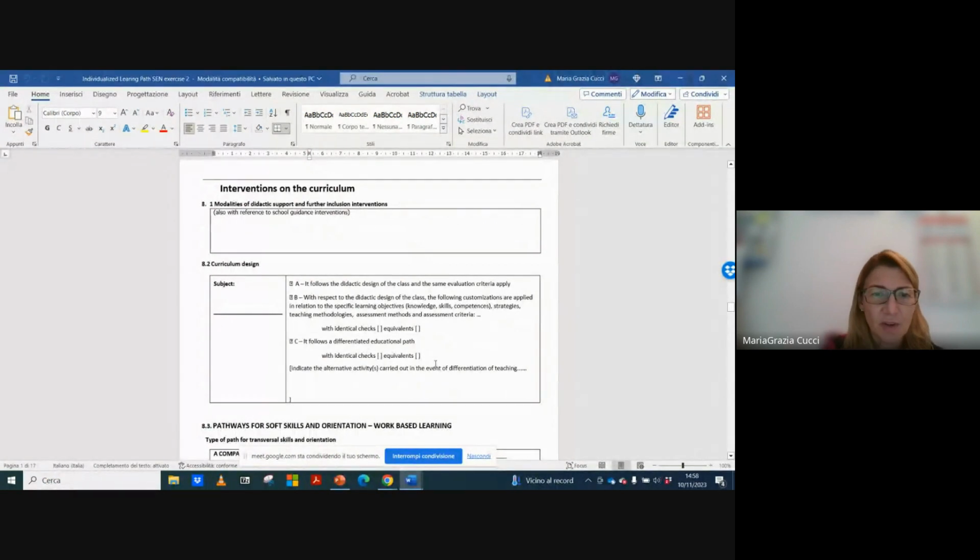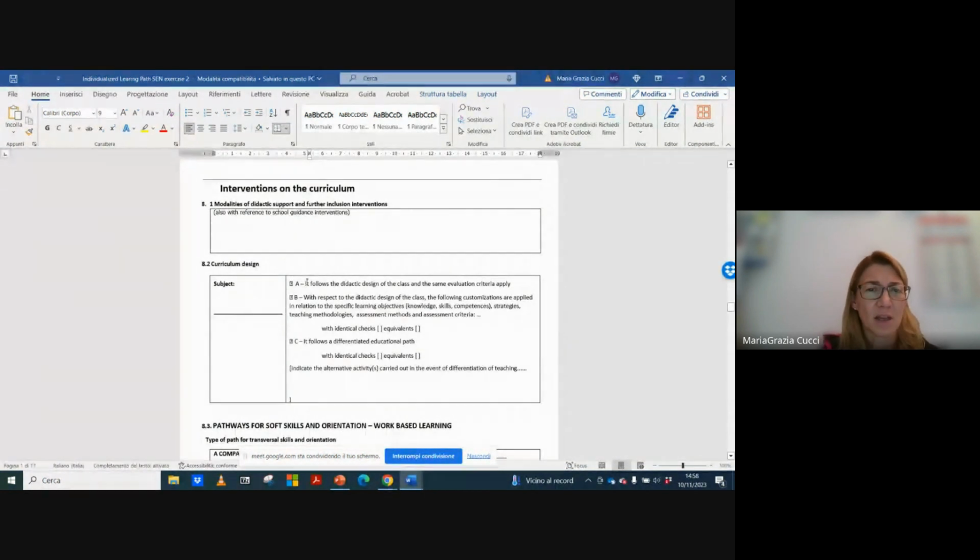For this reason, we can follow a checklist that helps us to define some on or off points on which we have to or we do not have to work on. For instance, subject, I don't know, mathematics.